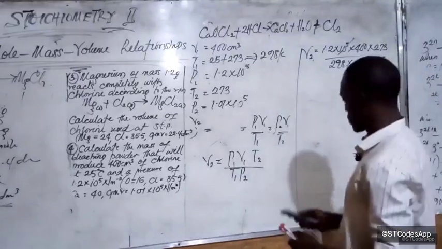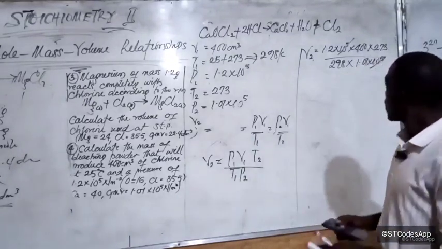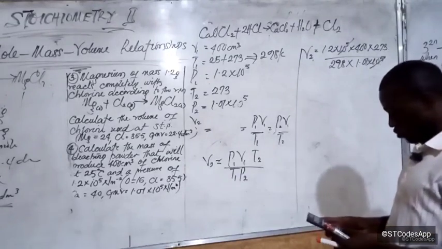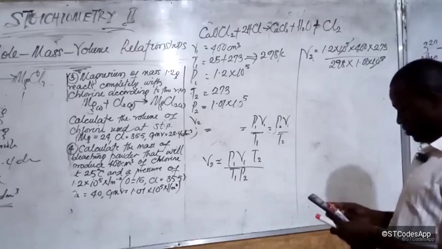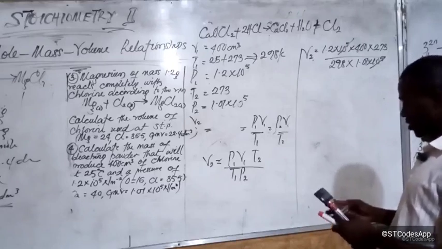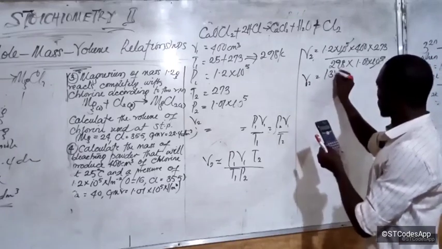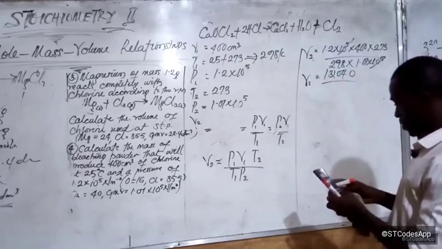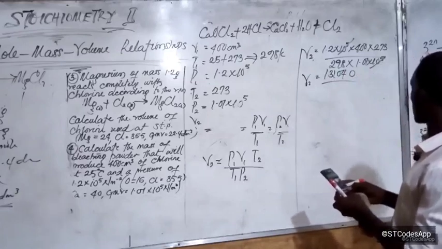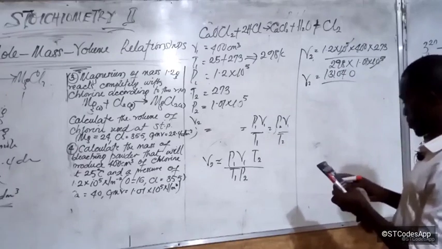So we are going to have 1.2 times 400 times 273 is equal to 131040, all over 298 times 1.01.